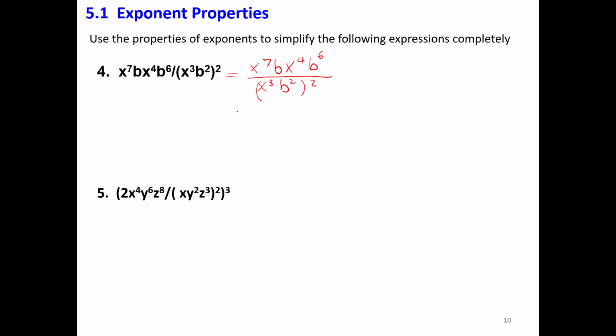In this case, what we can do here is simplify this because we have x and x, the product, and we know x is to the 7, then we can add the powers. 7 plus 4 is 11.